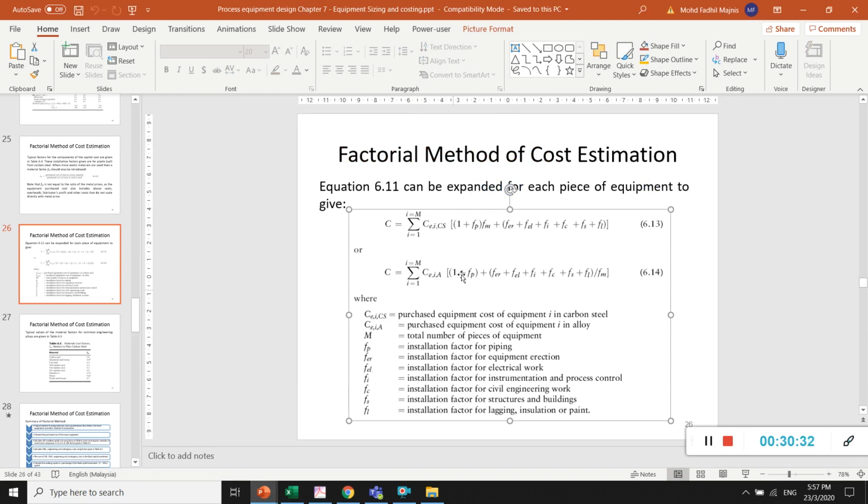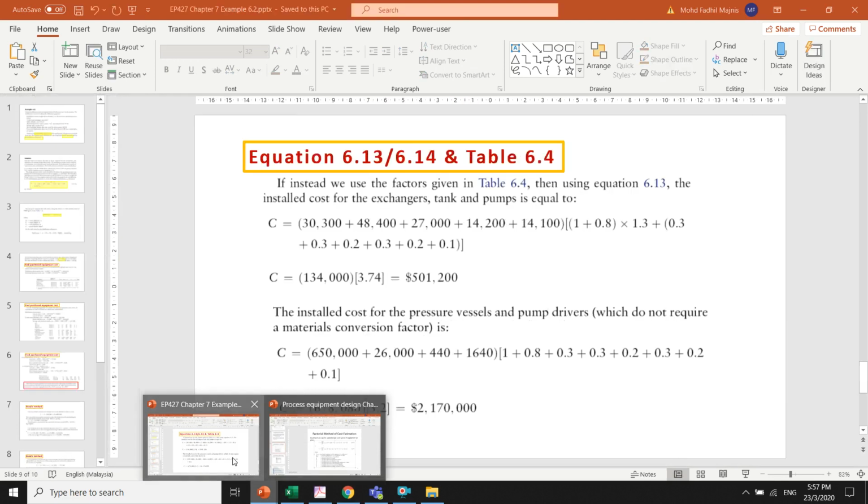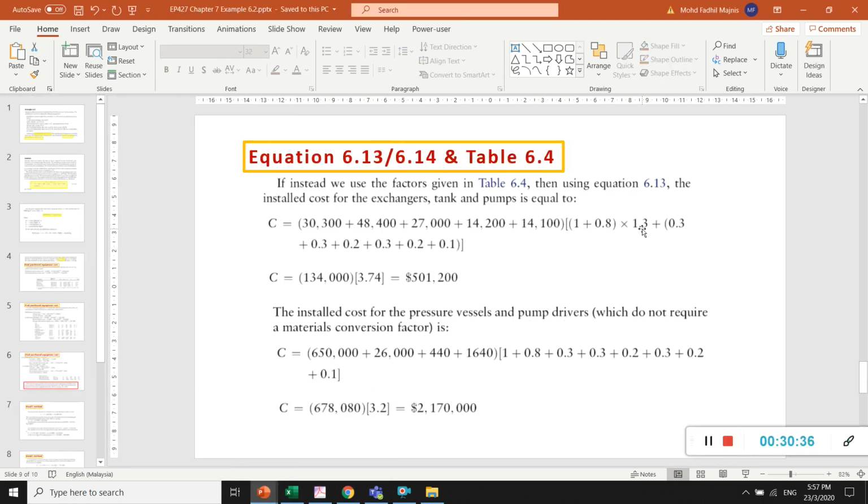Fm is the factor for the material, that's why 1.3. This one is for the tank and pump. For the install cost of the pressure vessel and pump driver, we do not require a major conversion, so we split it. There's no 1.3 here. That one is for using the equations.